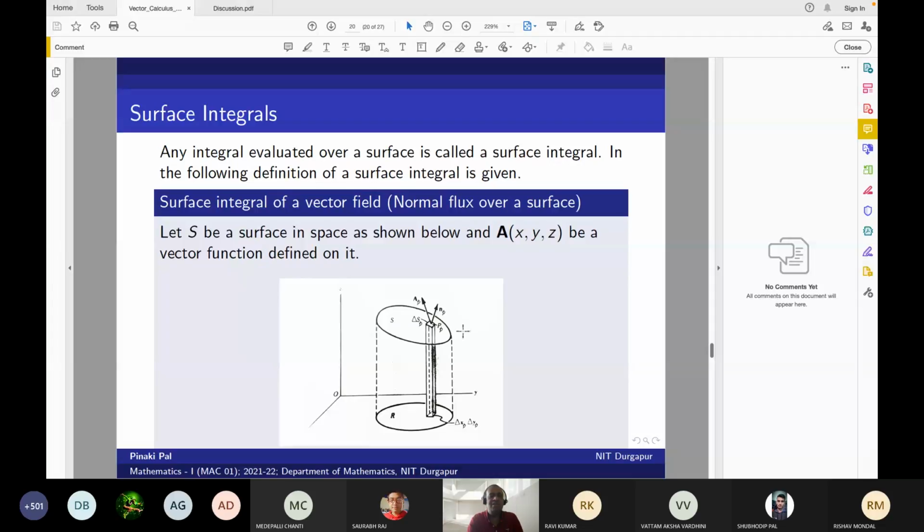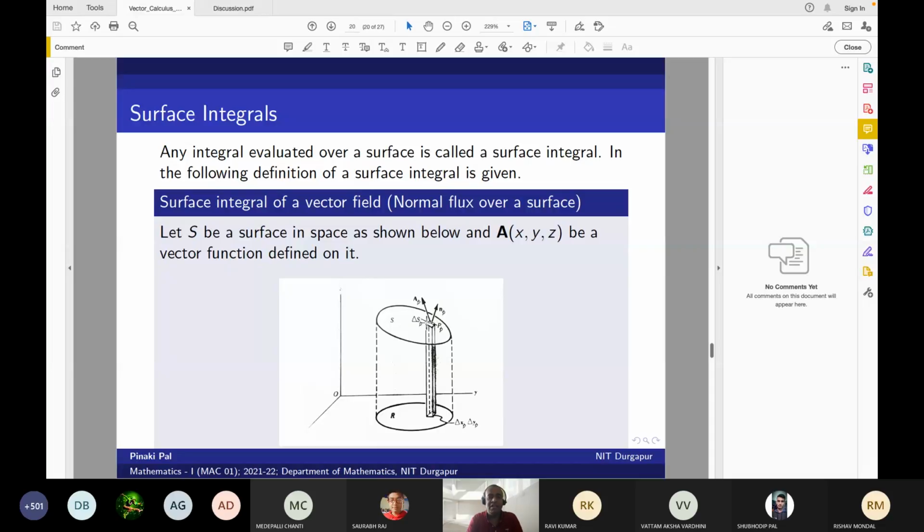We divide the region into small finite parts initially. From each part we consider a point, and at that point we evaluate the function, be it vector or scalar, and use it to define our element. So that is the basic procedure.